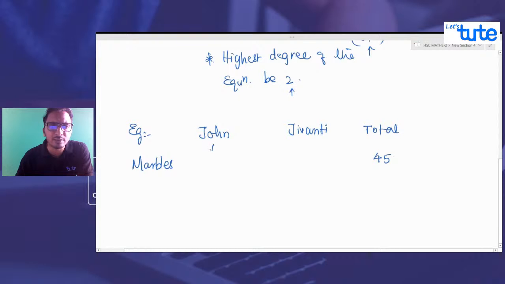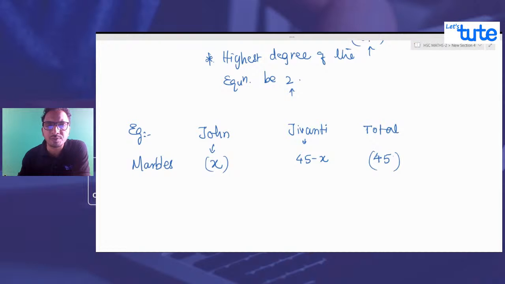Suppose the marbles John has is x, then the marbles Jivanti has would be 45 minus x. Correct? Because out of 45, x is already distributed to John, so whatever remains from 45 is given to Jivanti. Hope you're understanding this.